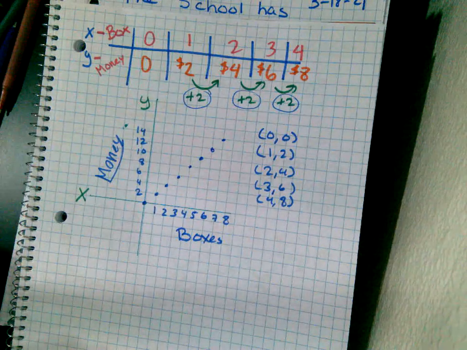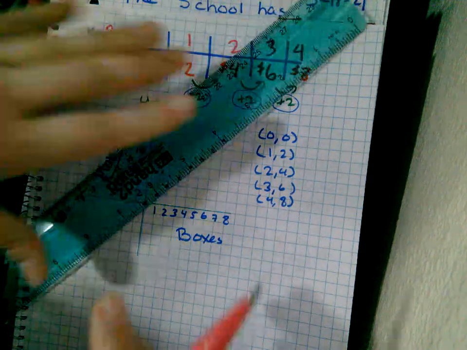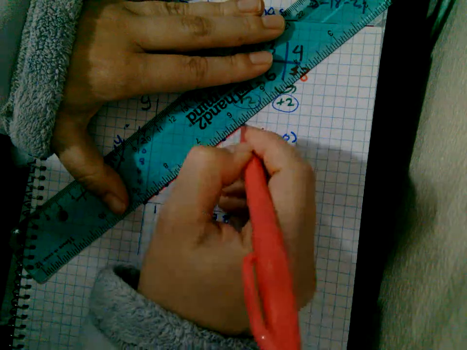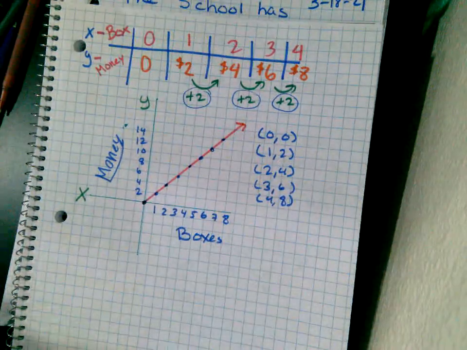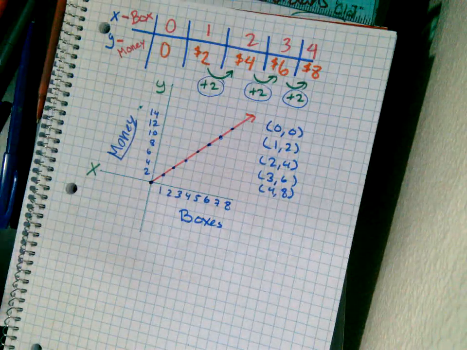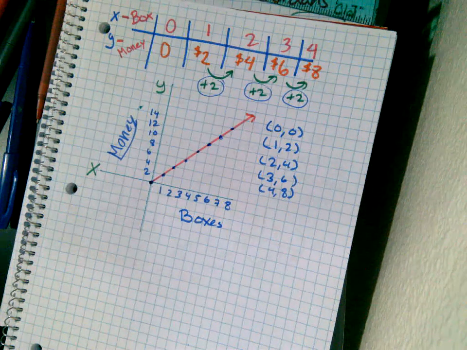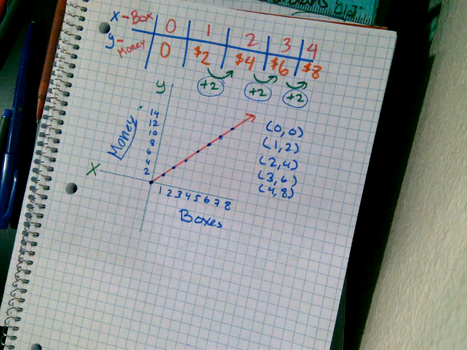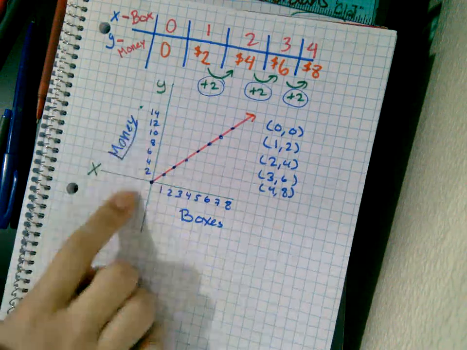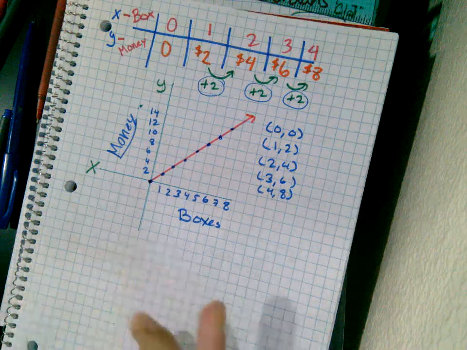It's a pretty easy one to graph. There it is. Again, on your X you go by ones, on your Y you go by your unit rate. The unit rate on this one was 2.